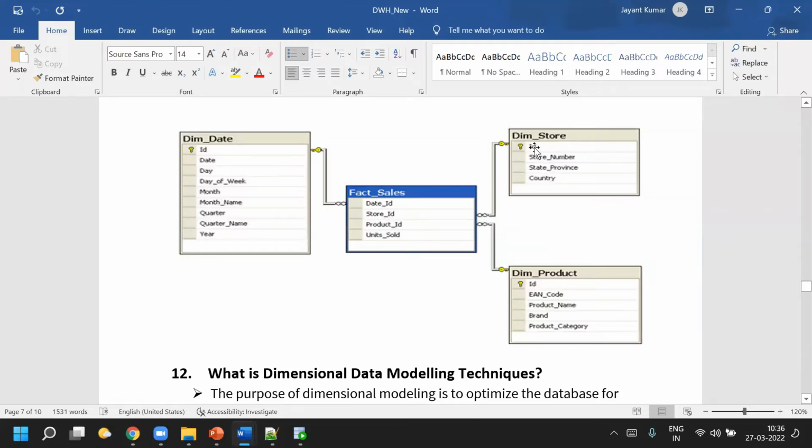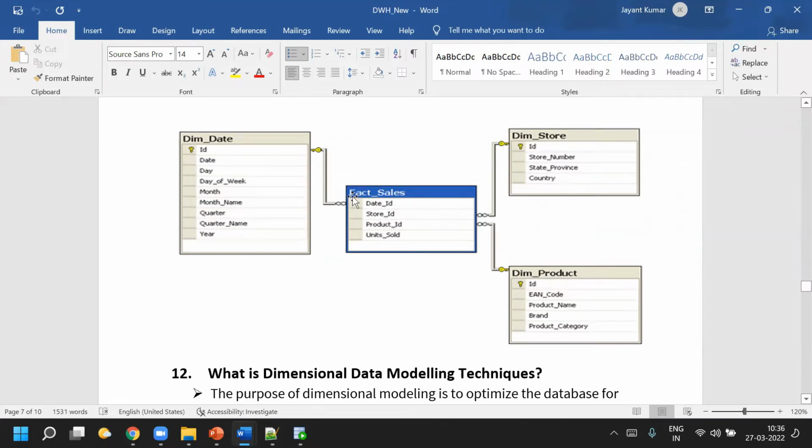If the interviewer asks you to give a few names of dimension tables, you can say dim underscore store, dim underscore product, dim underscore date are a few examples. If they ask for fact table examples from your project, you can say fact underscore sales, and you can add to the name in our organization.